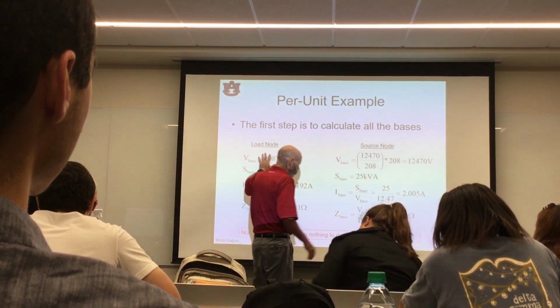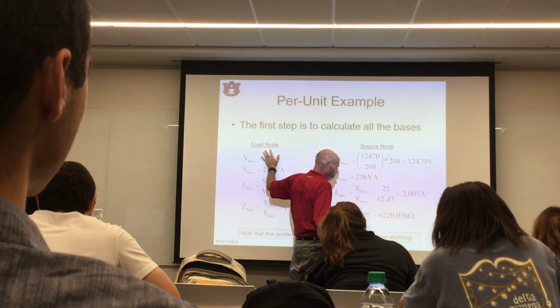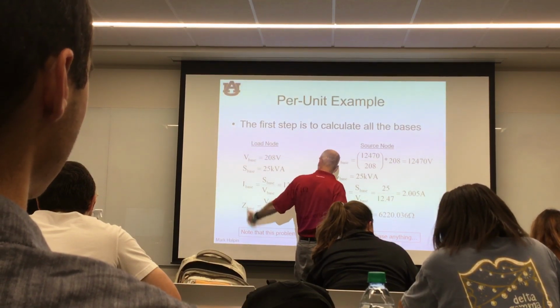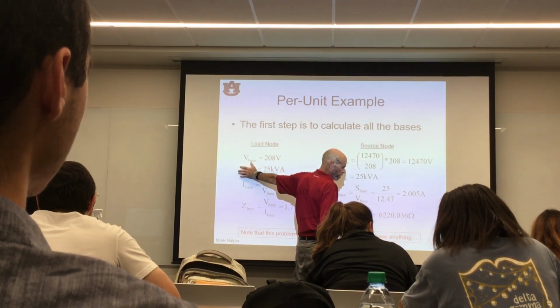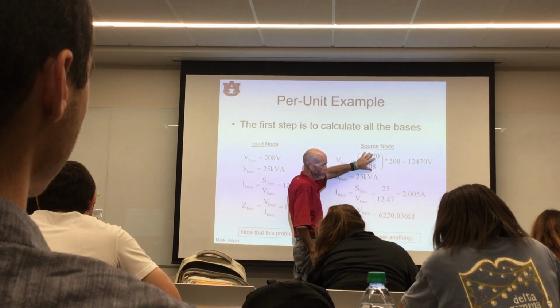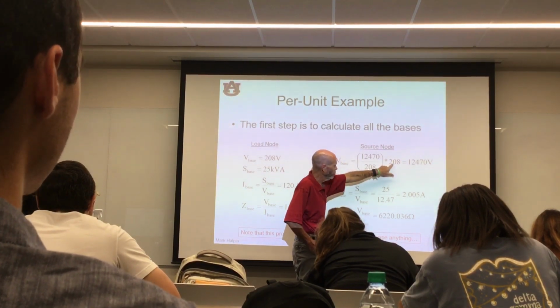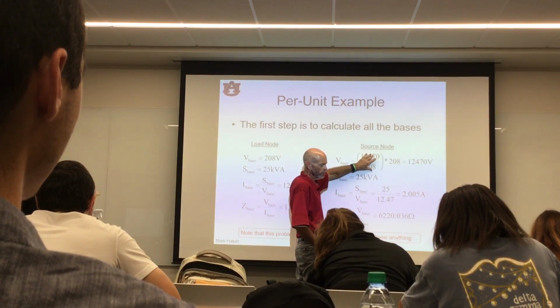We pick here, we pin the tail on the donkey, so to speak, at the load node. We picked those 2, and we calculated the other 2 that we normally need. Now what? Well, we're not done. We've got more of the circuit. There is a relationship associated with the ideal transformer. We pick that one, and we can calculate the voltage base at another node using that relationship.